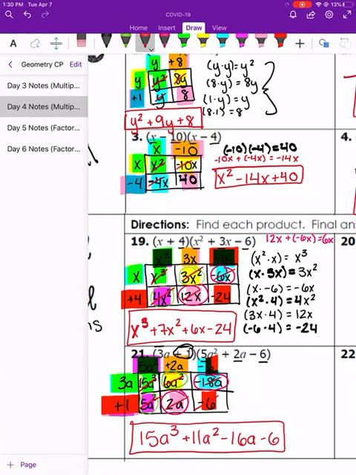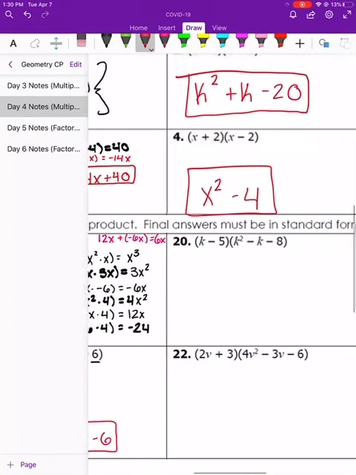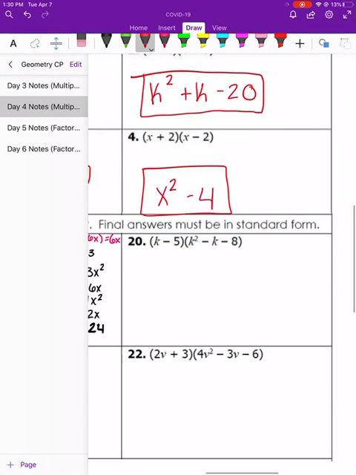Again, I'm sorry about that. Plus 1. I don't know why I wrote it like that. Okay. So I want you guys to work on problem 20 and 22. So go ahead and pause the video and try these on your own.